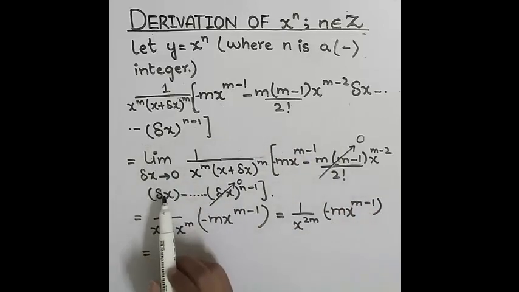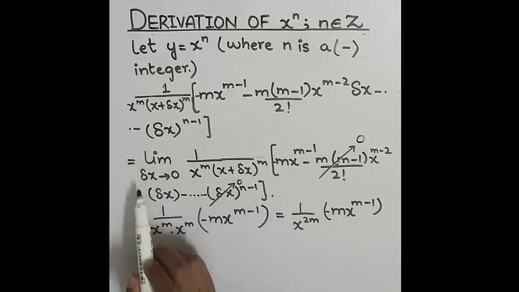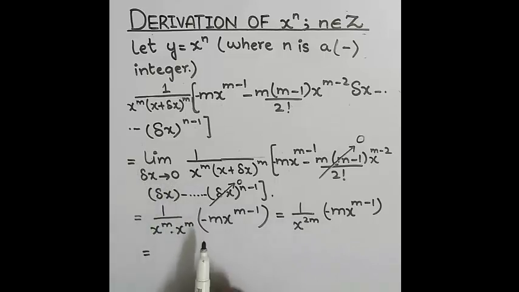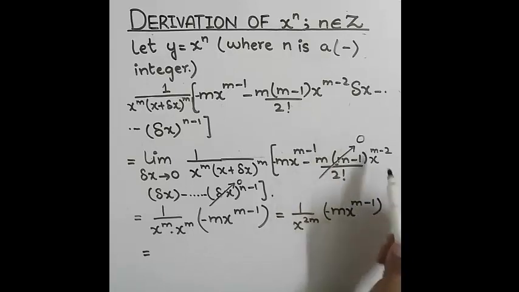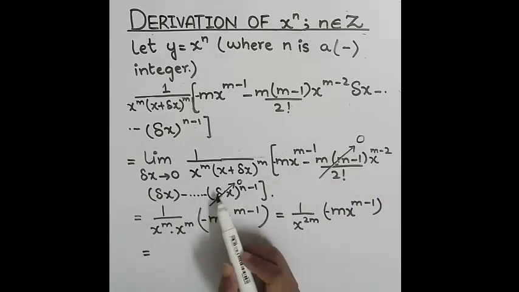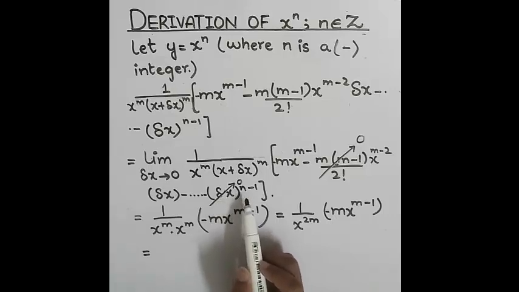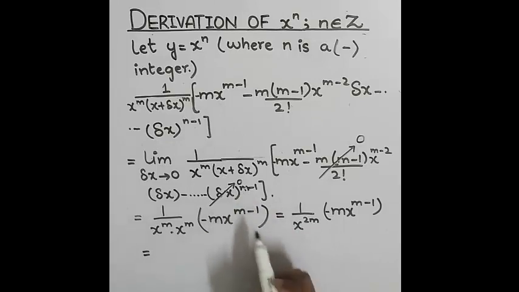Now the fourth step is to take the limit of this term, so taking the limit as delta x approaches 0. This term contains delta x in it and delta x is approaching 0, so the whole term will approach 0. Here also this term, delta x raised to power m minus 1, will also approach 0.